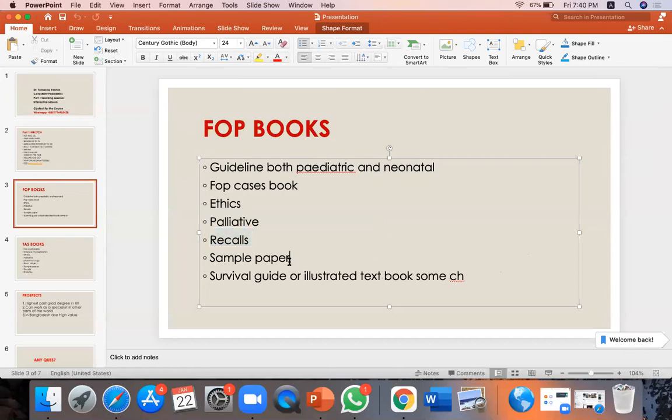Okay, now the sample paper. What are the sample papers? According to the name, the sample paper is delivered by the RCPCH. The sample paper is given by RCPCH before the exam day, like 3 or 4 days before the exam; they will send some questions in your mail.